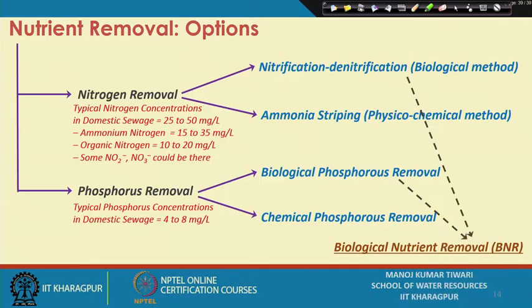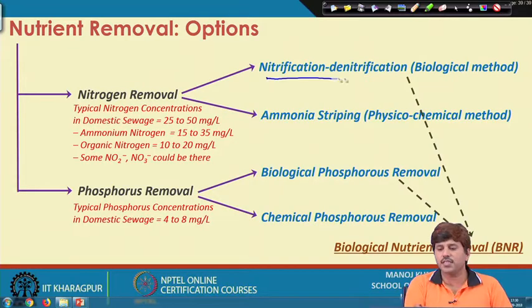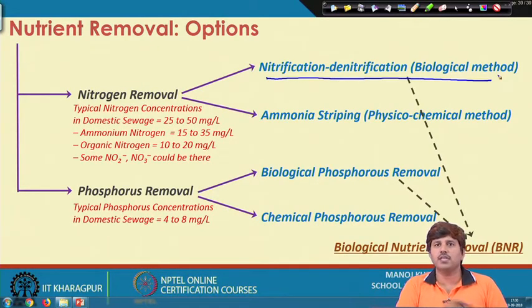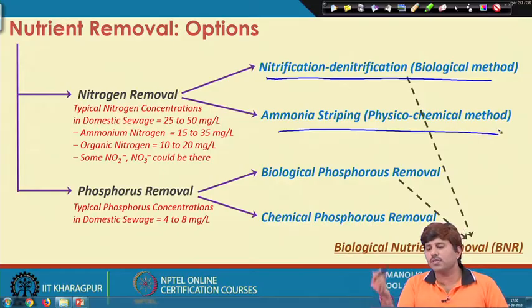So, nitrogen removal, one of the most common processes is nitrification, denitrification, which is a biological method for nitrogen removal. There is NMOX, which is also becoming more popular these days. Then there is ammonia stripping, which is a physicochemical method.